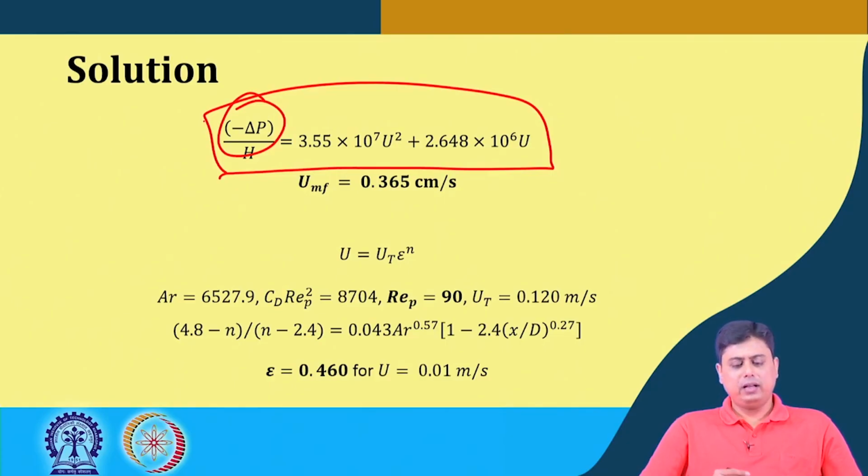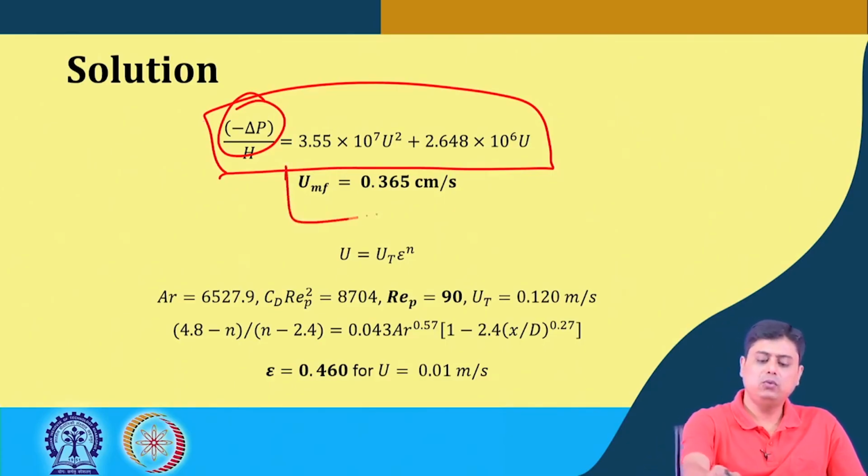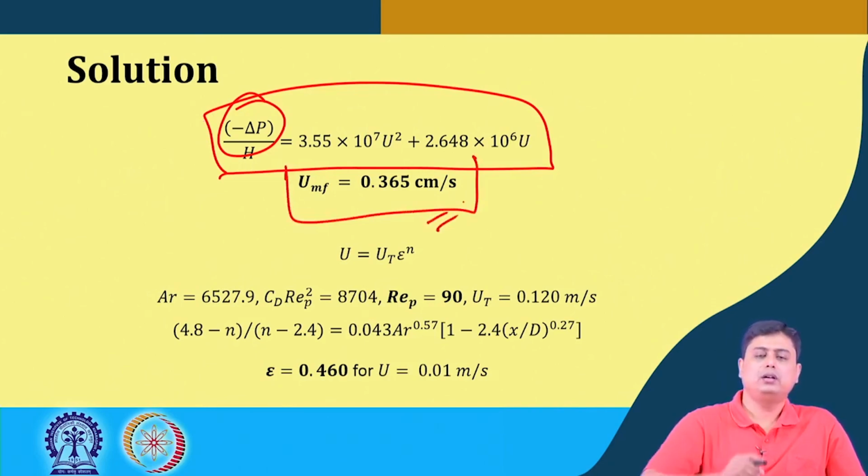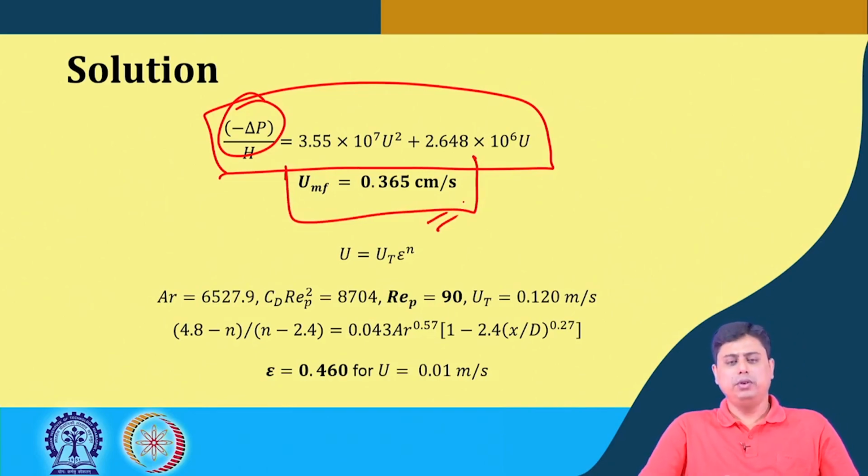Once we equate that, we get the U value which is required for the fluidization to begin, which is the minimum fluidization velocity, which in this case is 0.365 centimeter per second.